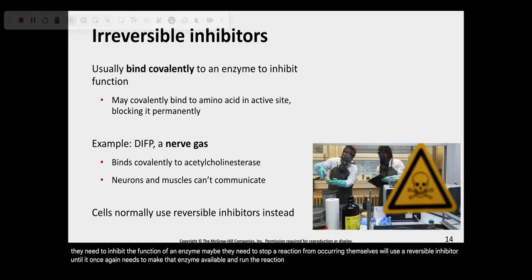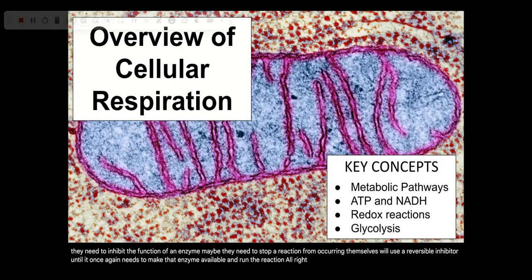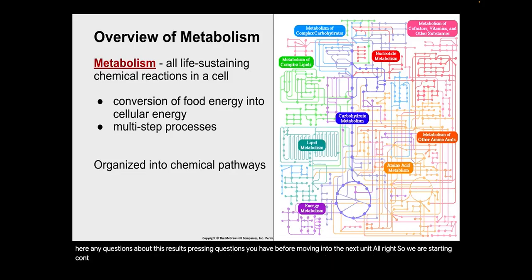All right, I am now going to switch over to my lecture from last year to talk about this overview of cellular respiration. We are starting content for Unit 2. Unit 2 is focused on 3 topics: cellular respiration, fermentation, and photosynthesis.